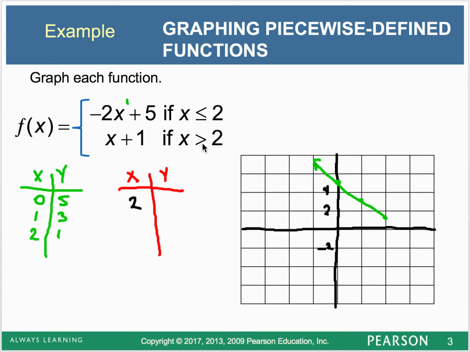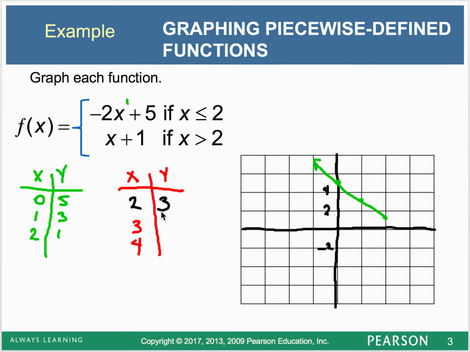So, you know, I could put in like 2.001, but I can just start at 2, okay, and 3. So I put that in a different color just to remind myself that that point is not actually on the graph.